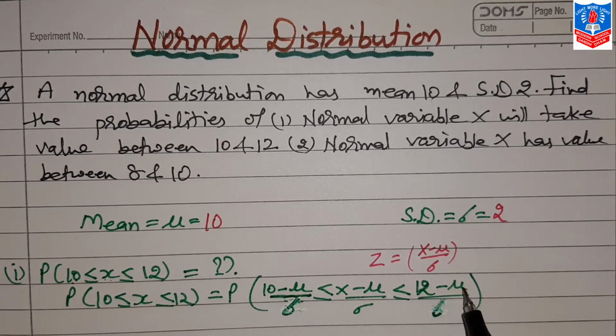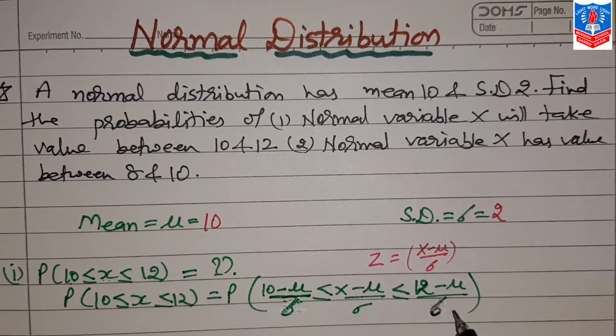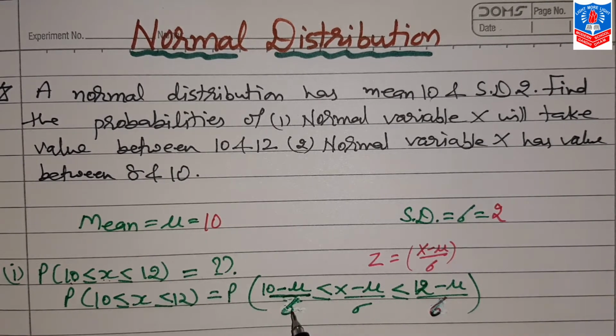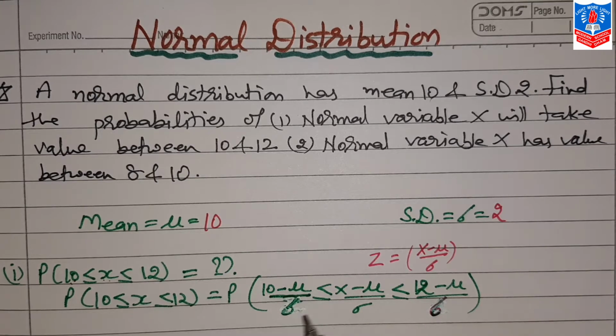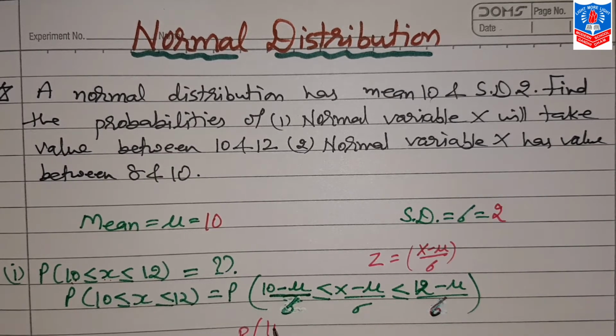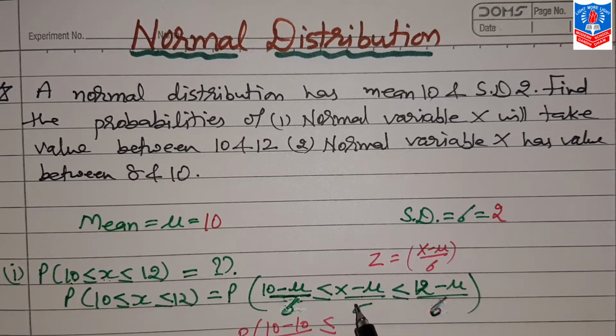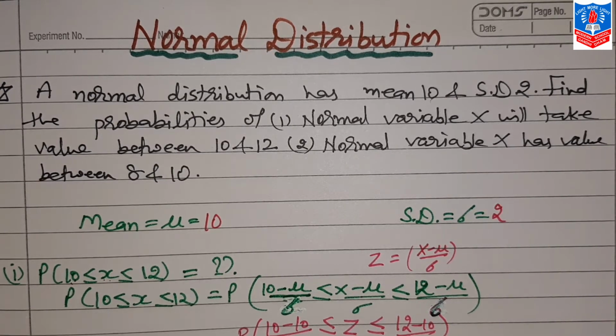We know the values of mu and sigma, so we can write 10 minus 10 upon 2 less than or equal to z less than or equal to 12 minus 10 by 2. Now 10 minus 10 divided by 2 will be 0, so 0 less than or equal to z less than or equal to 12 minus 10 divided by 2, that will be 1.